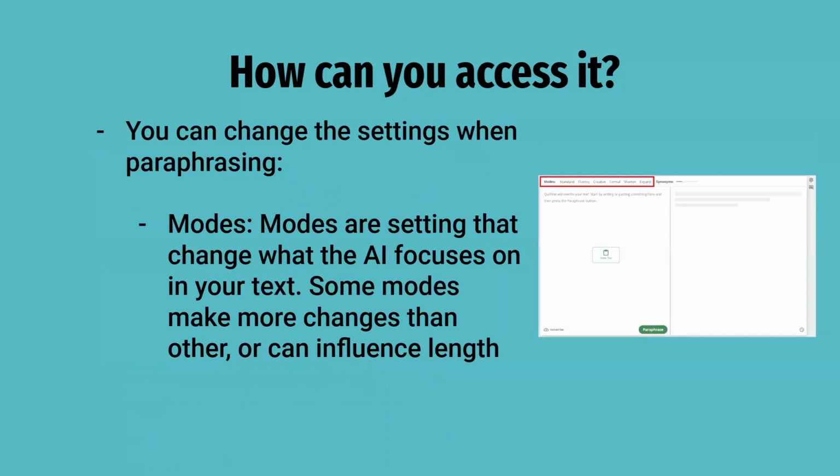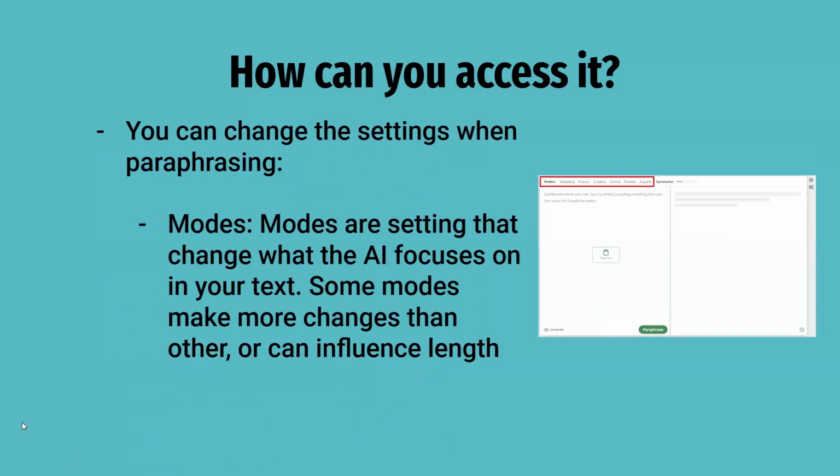So one of the benefits of using tools like Quillbot is that you can adjust the way they paraphrase your text. So here there's a few options. It's highlighted in red on top of this slide, but it looks like there's standard, fluency, creative, formal, shorten, and expand.